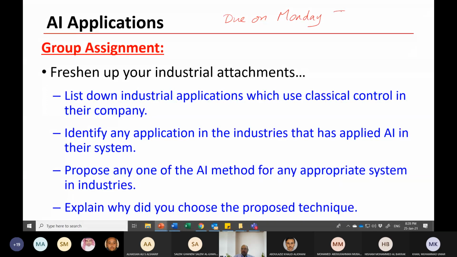Monday 31st... January becomes February, so February 1st. Today is the 25th, so on Monday, February 1st, I need 3 pages from each group addressing these points.